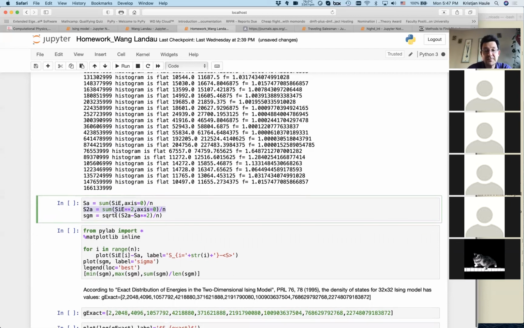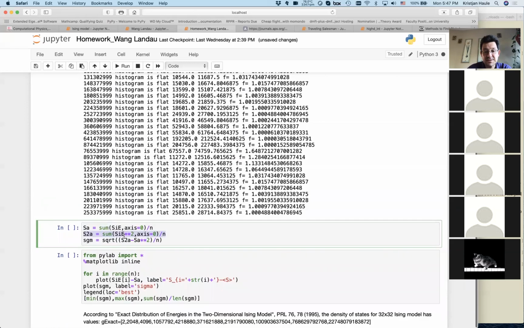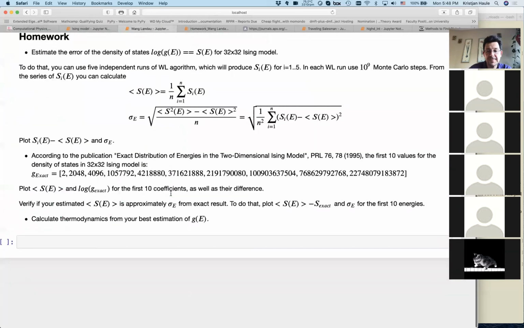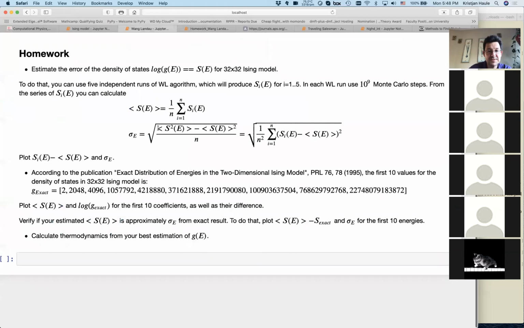And then once you have the square average, you can also take the average square, isn't it? So this is the usual fluctuation, square of the what is it? Average of the square minus square of the average. So it's these two, and then divided by n, and then square root of this. So again, this expression is exactly the expression that I gave you here, basically this.